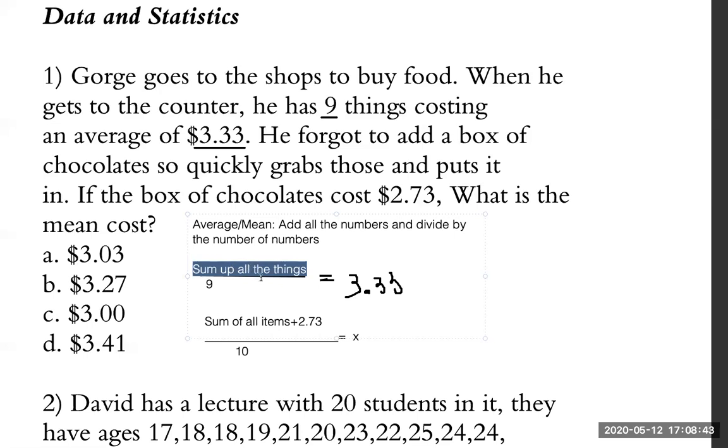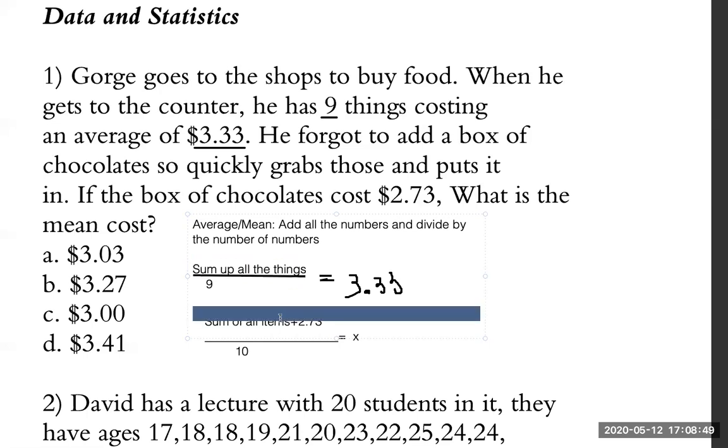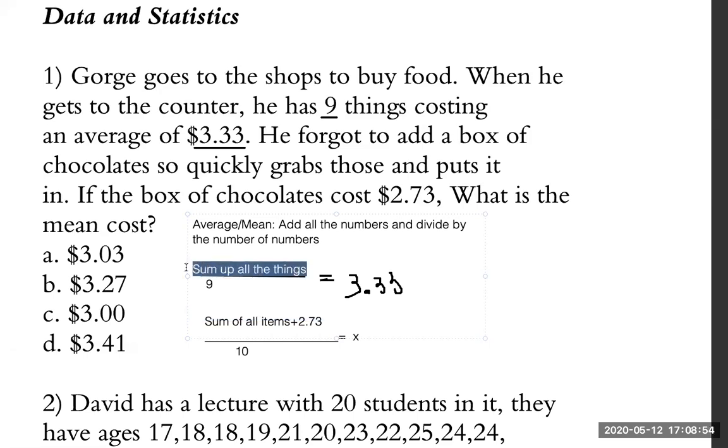So what's 3.33 times 9? 29.97. So that is the sum of all things.